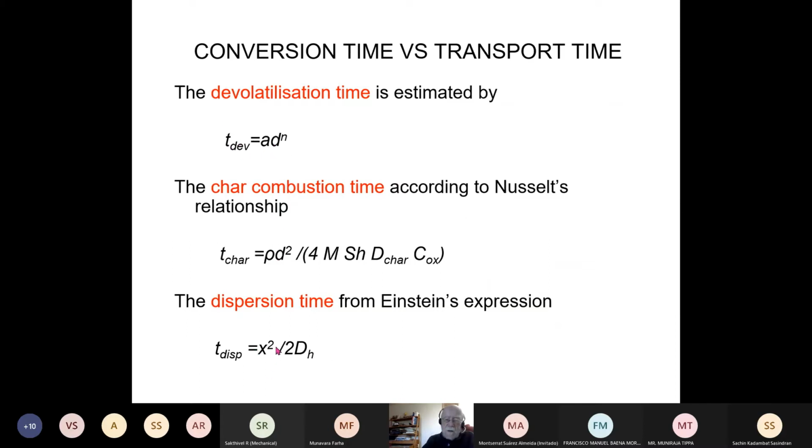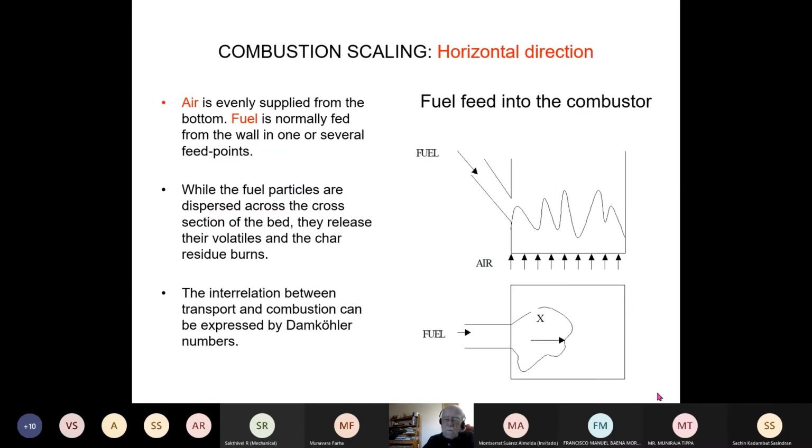But if the dimension of the particle is not included here, then this is the same. So both these times are longer, and that means that combustion has the possibility to spread out over a longer distance, and then you have a better distribution of fuel.